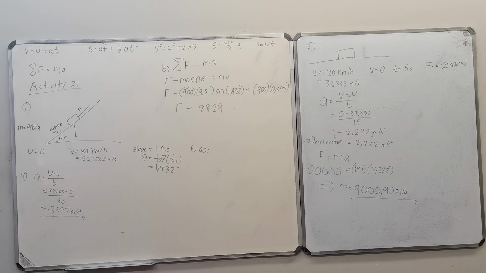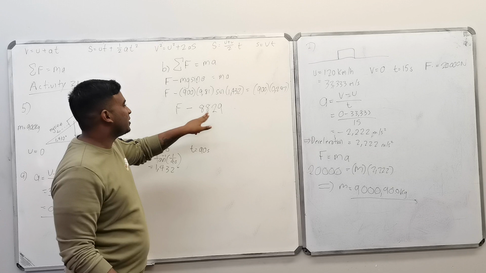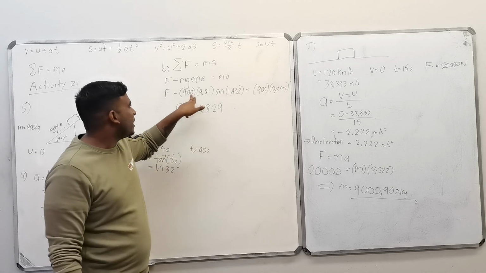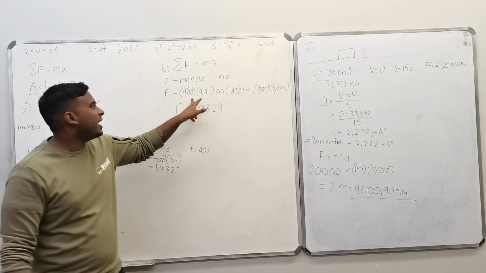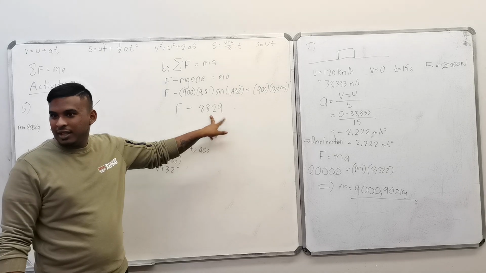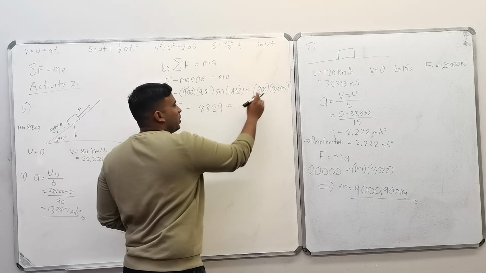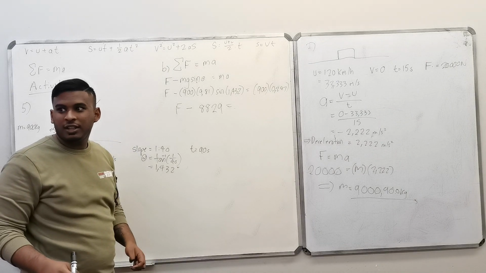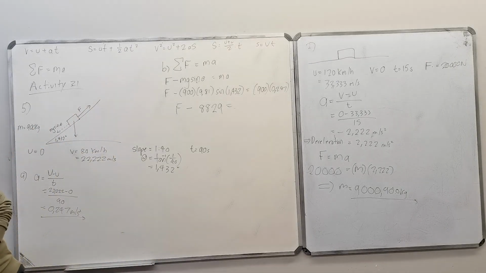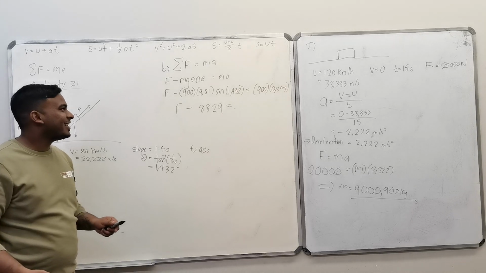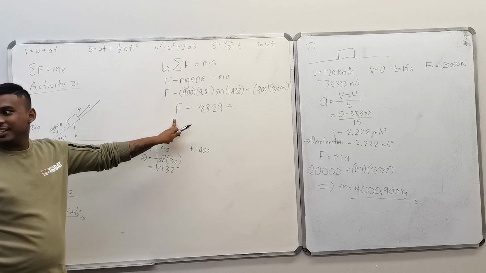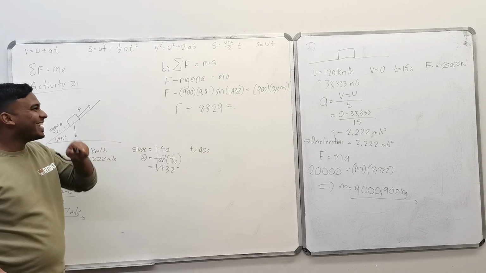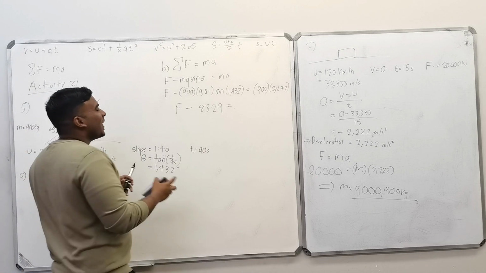Let's see which number you have used. I just want this here. 900, that's this number, right? It's equal to 220. What's 900 times 0.247? The first part is the frictional force.